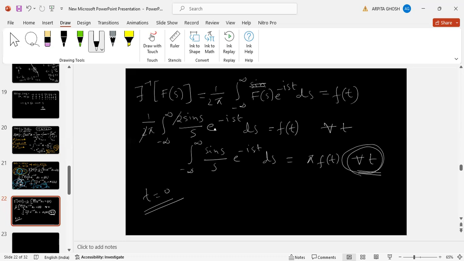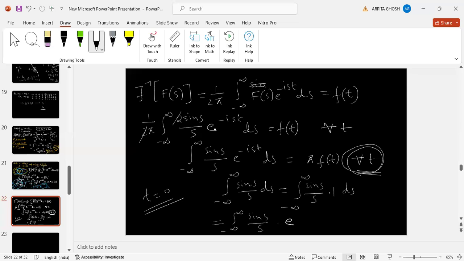We need to find the integral from minus infinity to plus infinity of sin s by s ds. That means we need to find the integral of sin s by s multiplied by 1 ds, that is, sin s by s into e to the power 0 ds.